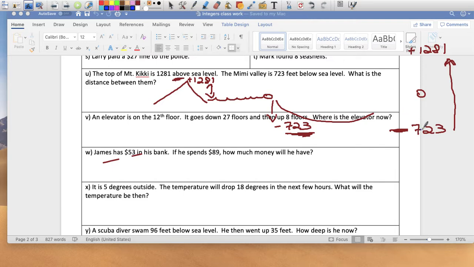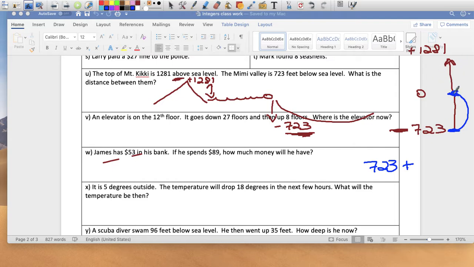So let's take this into 2 parts. Let's say you're at the valley, and from the valley, you want to just get to 0. What's the distance there? 723 feet, right? From the bottom here, the valley, to 0, to water level, you would have to go 723 feet. Positive, because distance can't be negative. Plus, now let's say you took a break.